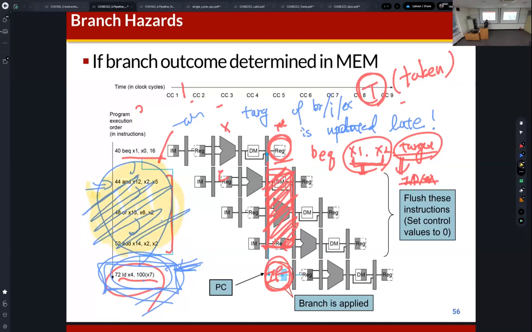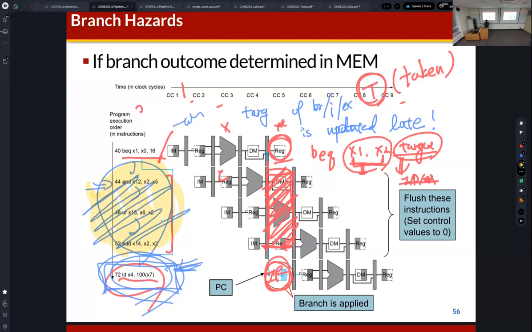Okay, you understand? So why are cycles wasted? Because the processor can know the result of a branch instruction late. But the processor just fetches the next instruction, even though it does not know the target of the branch instruction.